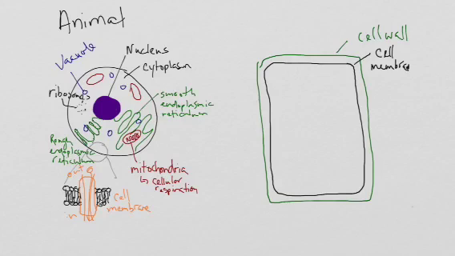Now, one of the glaring differences here is the position of the nucleus and the size of the vacuoles in a plant cell. The nucleus usually gets pushed off to the side, mainly because of the larger water vacuole that is filled with fluid.